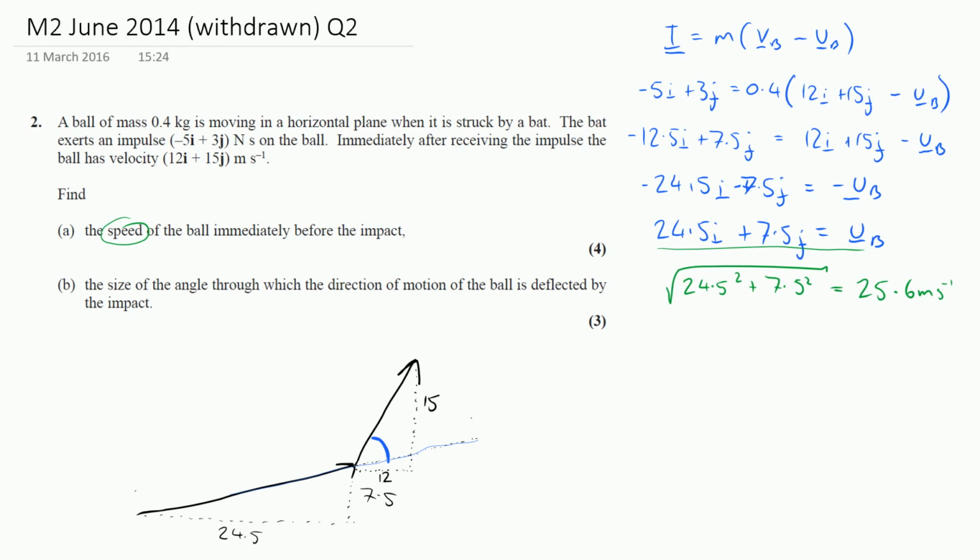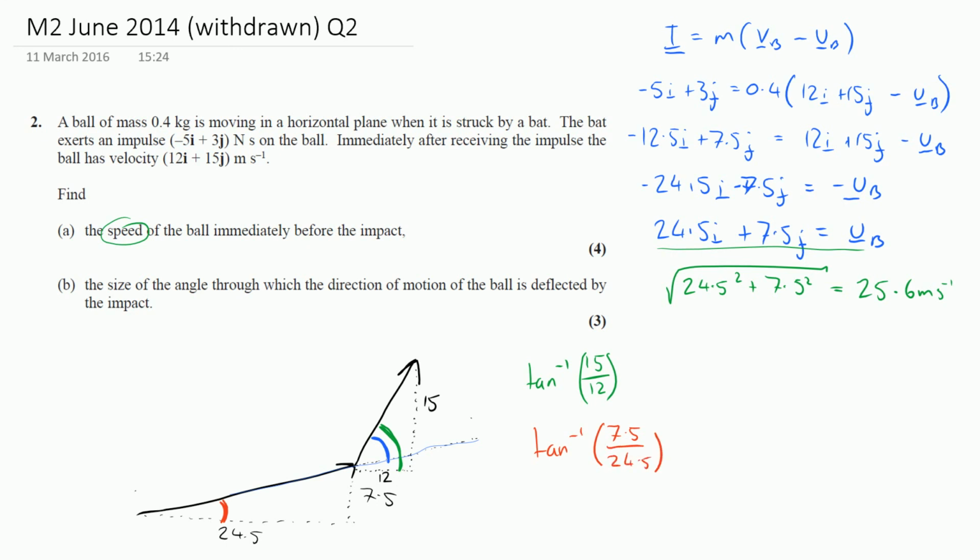Well, two angles that would be very easy to find are this angle in here, which would be tan inverse of 15 over 12, and another angle that would be very easy to find would be this angle in here, which would be tan inverse of 7.5 over 24.5.